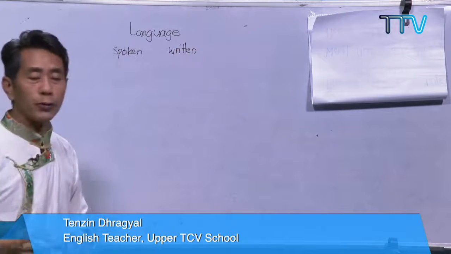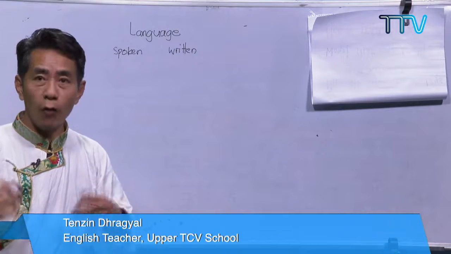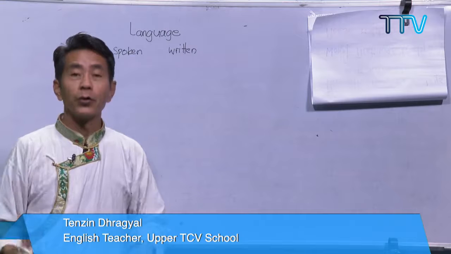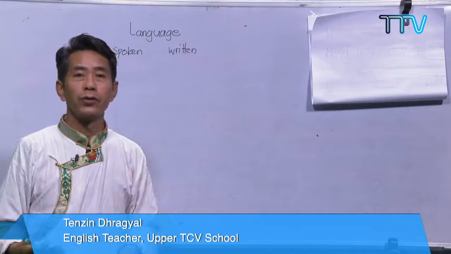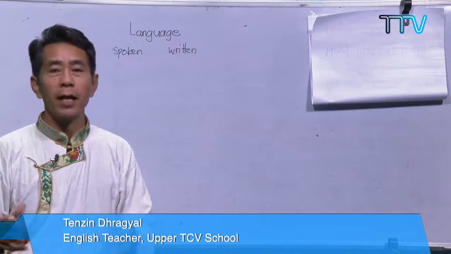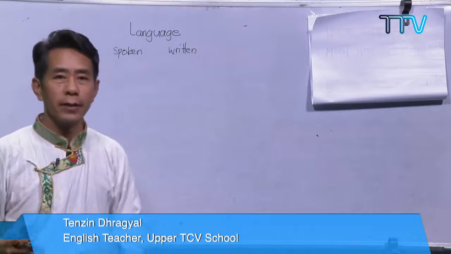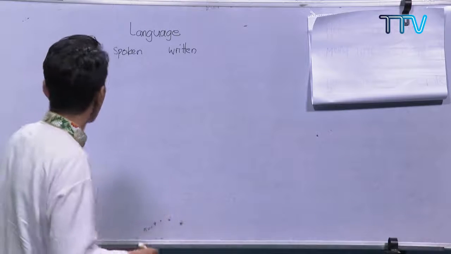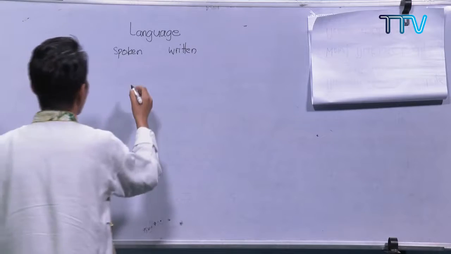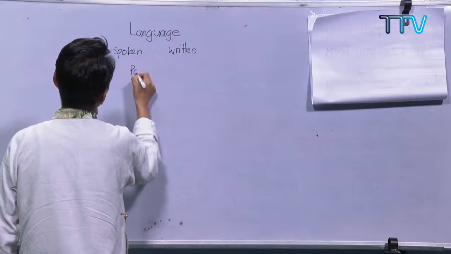I also told you that the written form is more formal because we need to keep in mind so many rules, syntax, and structure, unlike the spoken form, where there will be some kind of exceptions. So we talked about the language, and then we talked about the parts of speech.